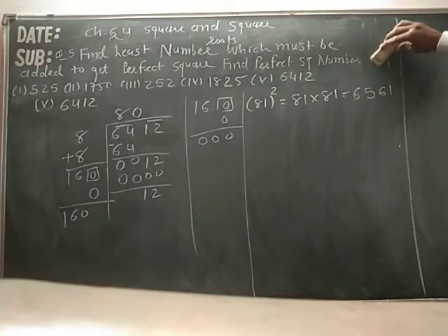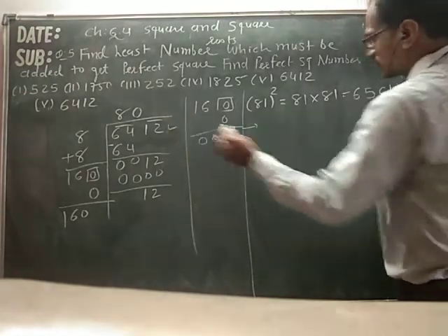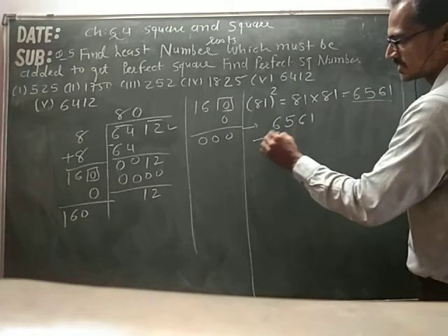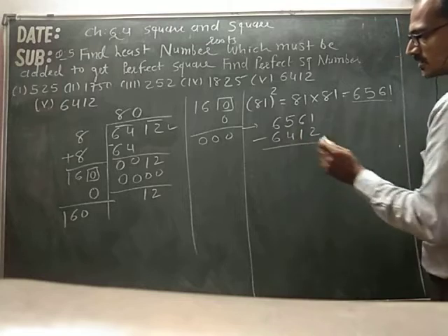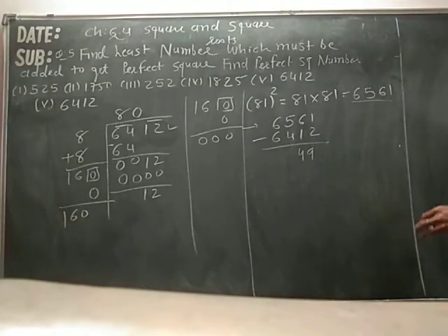Now what we'll do? We'll subtract 6412, that is the question, from this square. 6561 minus 6412. So it is 149.